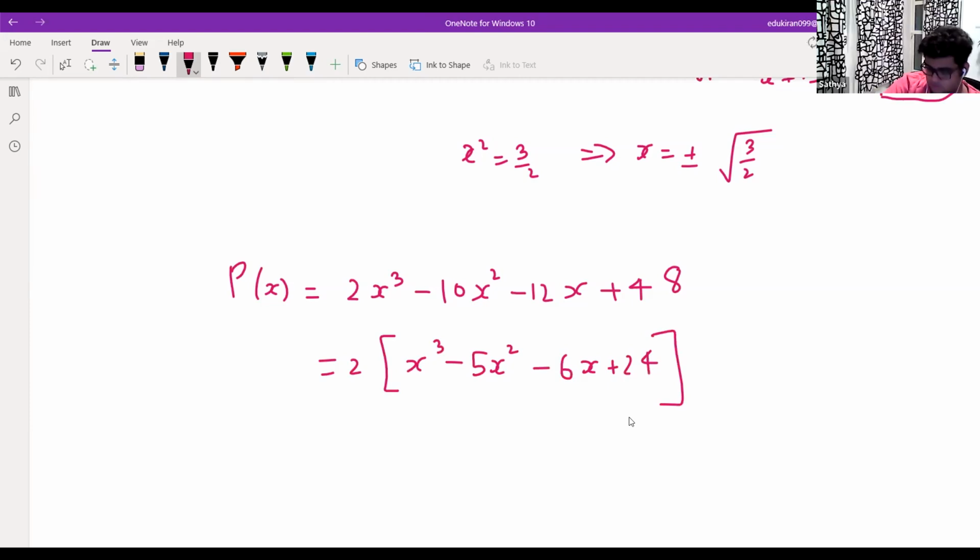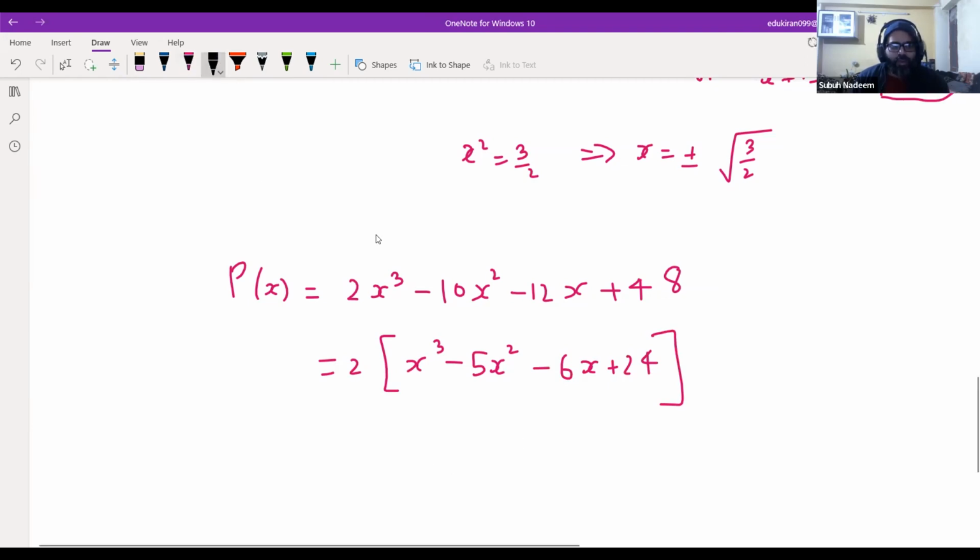Again, it will not be easier because 24 will have many factors like 1, 2, 3, 4, 6, 8, 12, 24. Still not so much. By 1 you will do, because the x cube coefficient is 1, plus minus. Yeah, you can manage this much.